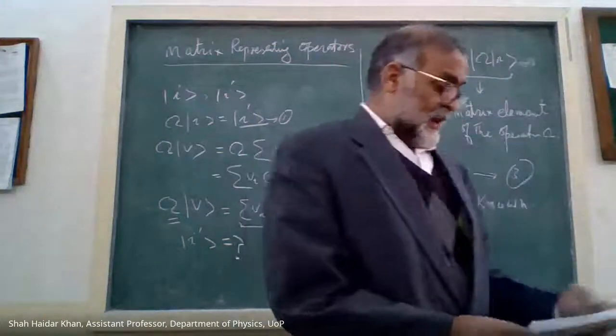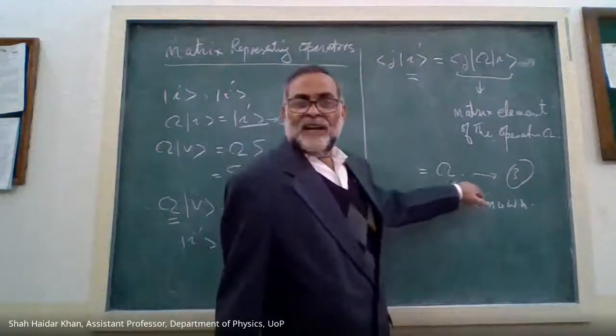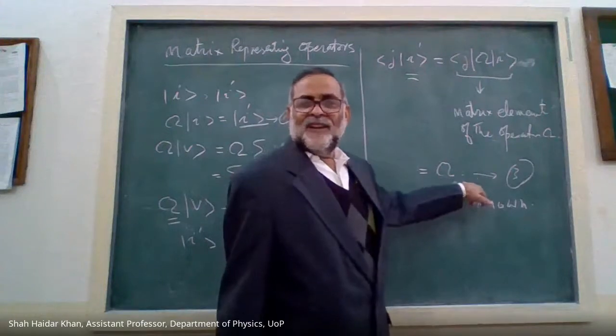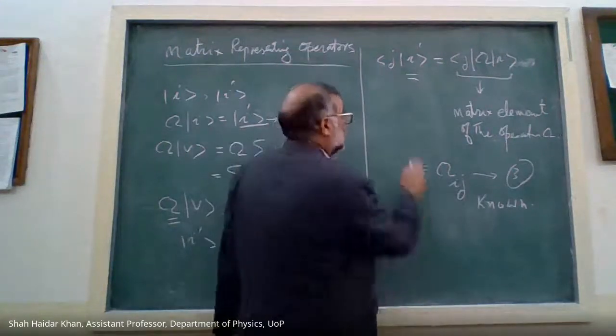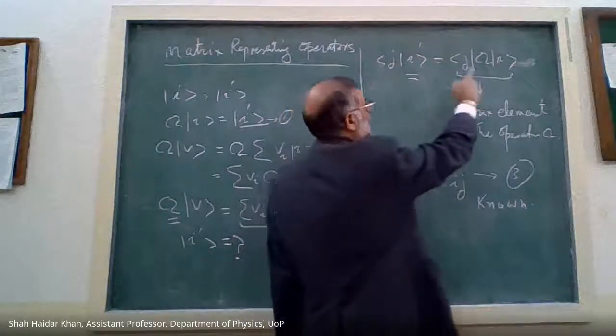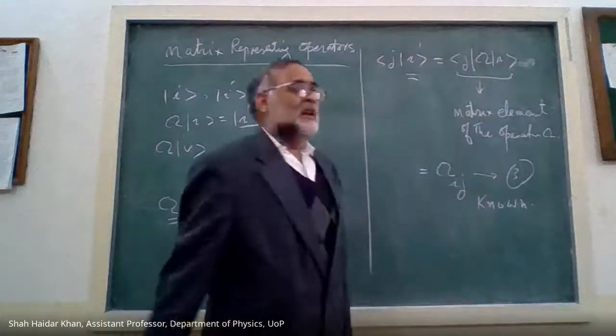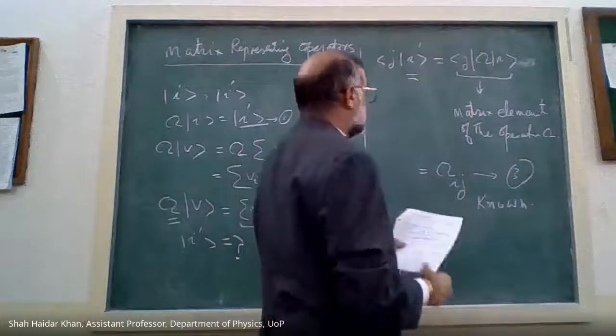This would be known to you. An element you have, for example, this is omega ij. So you can have, if this is 1 and this is 2, or if this is 2 and this is 1, or something.